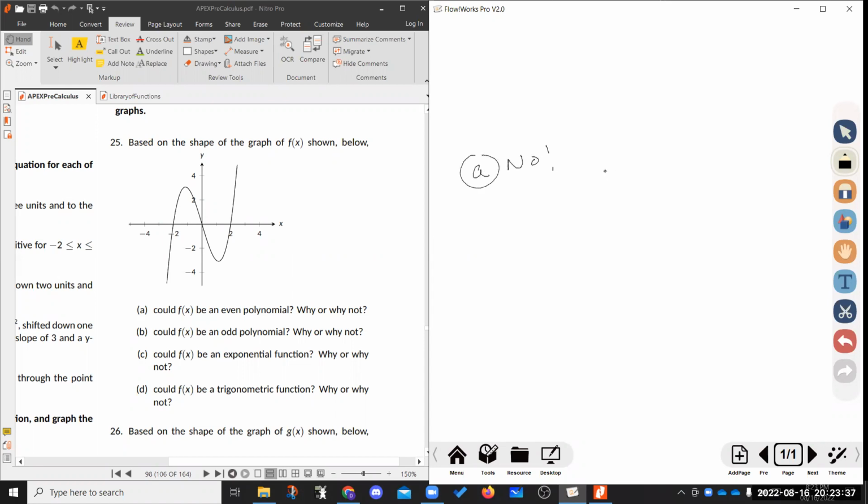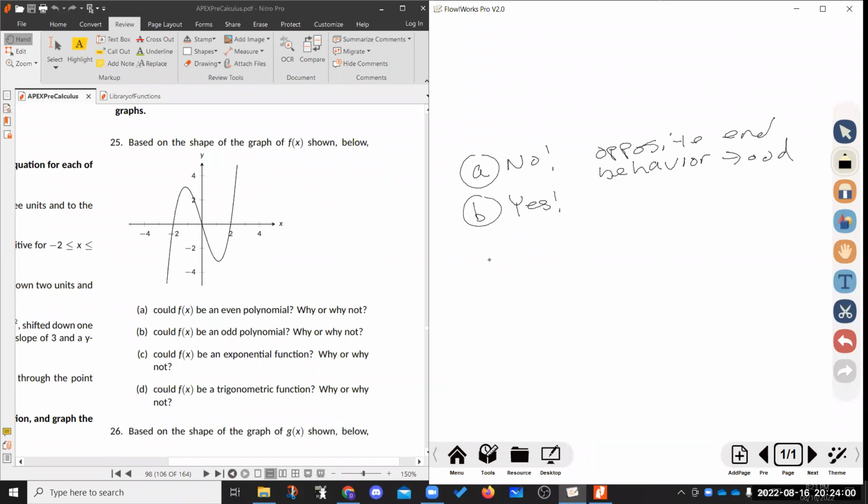No, it can't be. It has to be an odd power because the ends are doing opposite things. So opposite end behavior is going to be an odd polynomial. So B, yes, it could be.